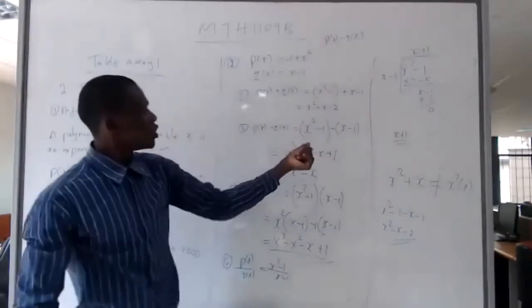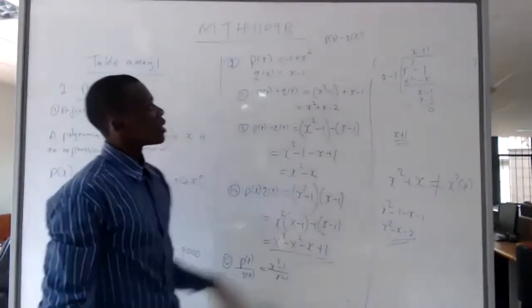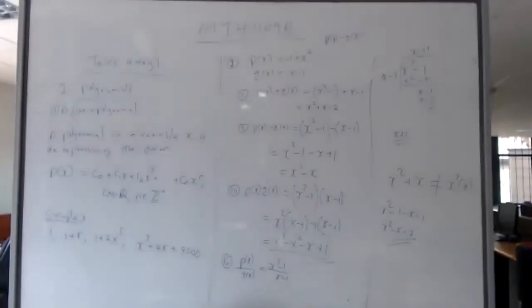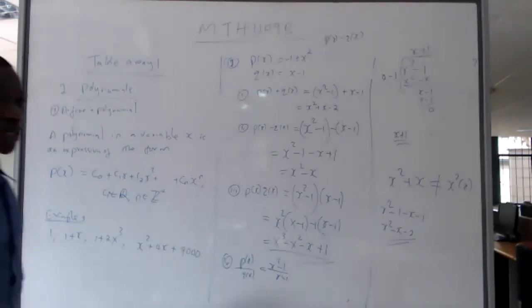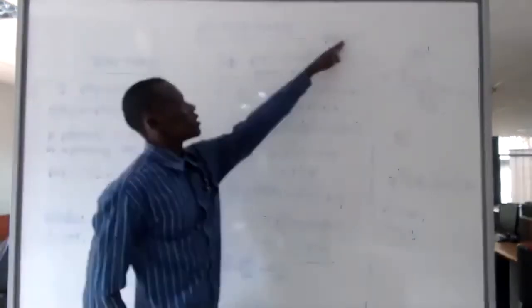That is why you need to put this bracket and open it up. For addition, it doesn't bring any difference. For subtraction, it brings a difference because of this -1.